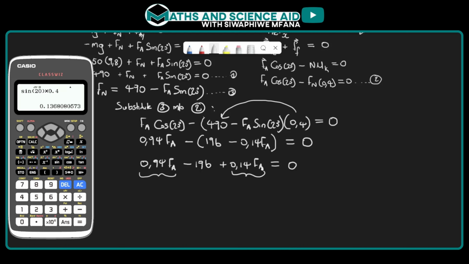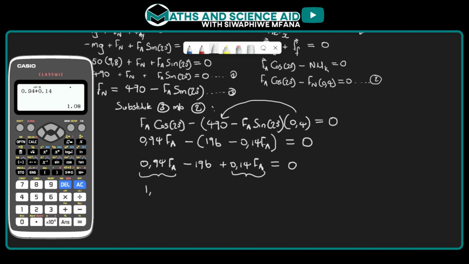And now this is becoming simpler because we have got two terms. Both of these terms have Fa, so these are like terms as we would call them in mathematics. Therefore, we can combine them together. So to combine them, we can say 0,94 plus 0,14. And if we add them up, we get 1,08.